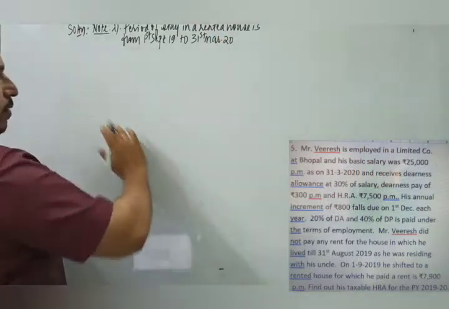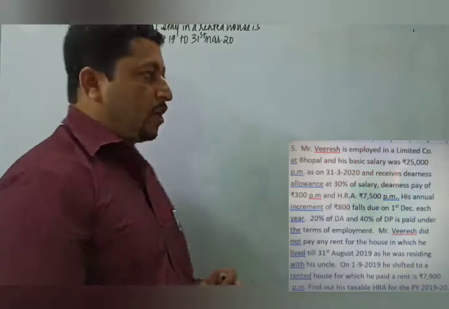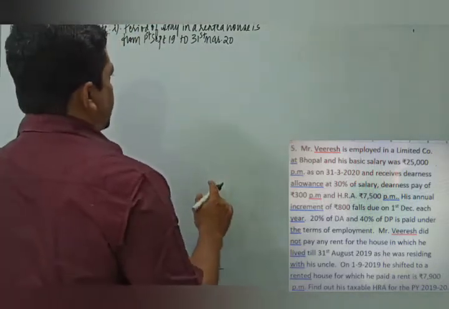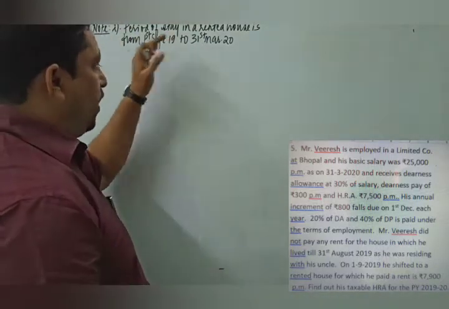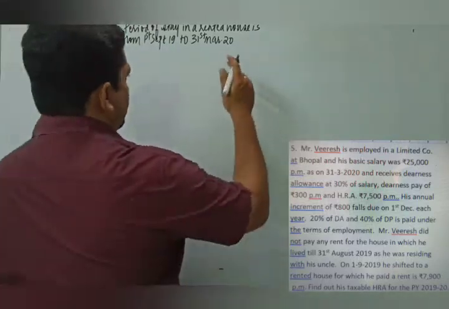Because prior to 1st September 19, he stays at his uncle's residence and he does not pay rent. A place where he doesn't pay rent will not be considered for the purpose of exemption of HRA.